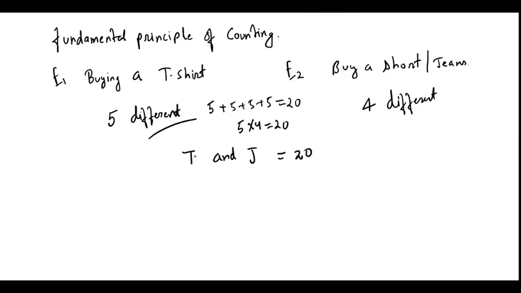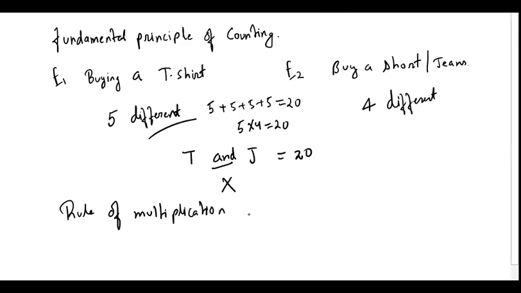So whenever we have "and", we will use multiply. So it is called the principle or rule of multiplication.